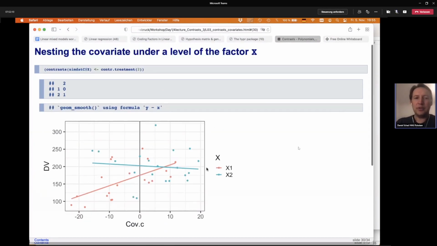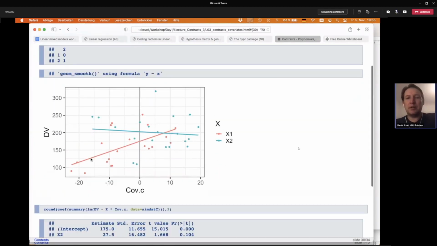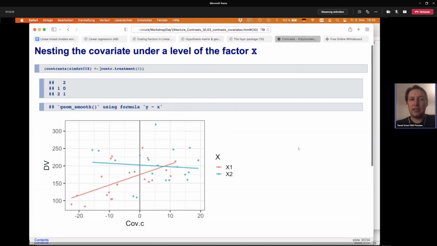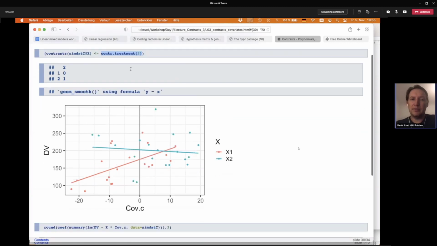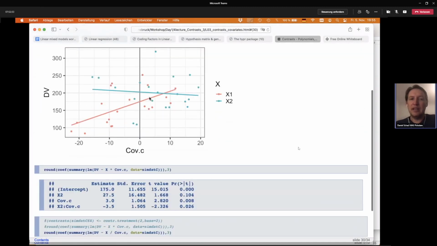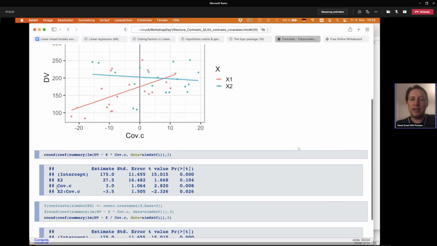If you don't have a specific hypothesis that this slope increases in x1 but not in x2, let's assume this is an influence of IQ on some task performance, and you just want to know whether IQ has an influence. If you use the default for the groups, you have the treatment contrast. Then you would, by default, get a nested effect here.